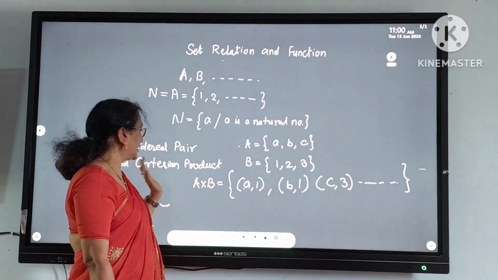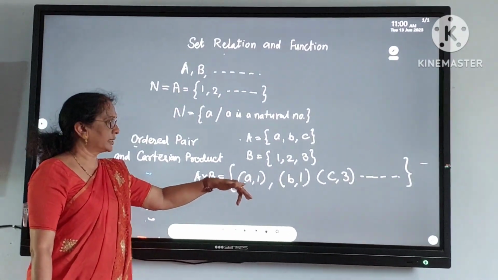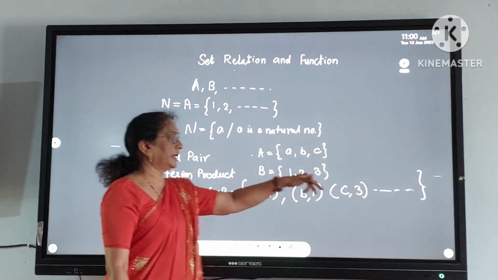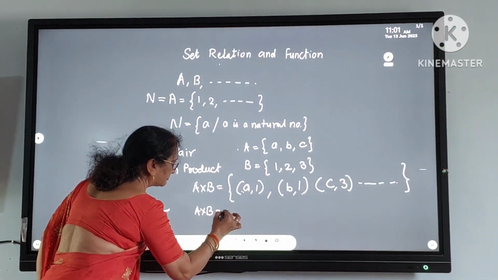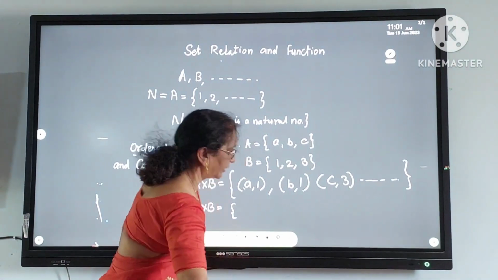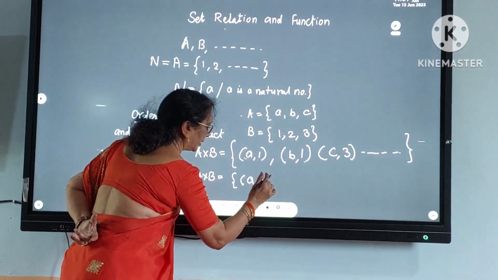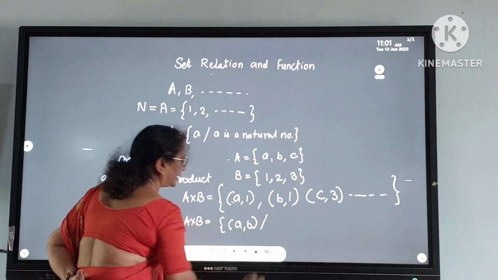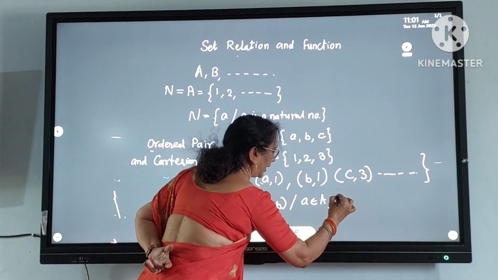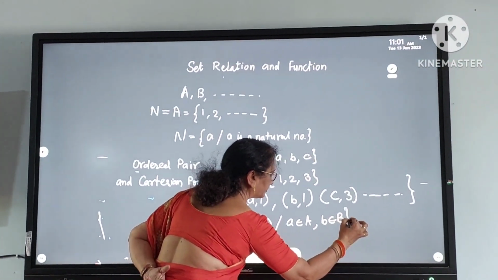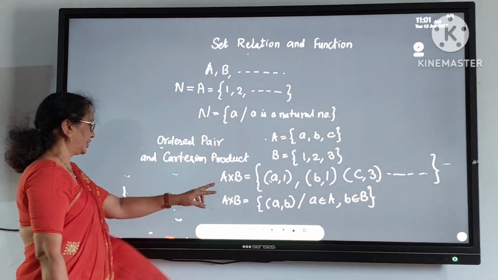So the Cartesian product is the set of all ordered pairs containing the first element from set A and the second element from set B, and hence we also represent this Cartesian product as A cross B, the set of (a, b) such that a belongs to set A and b belongs to set B. In this way we represent the Cartesian product.